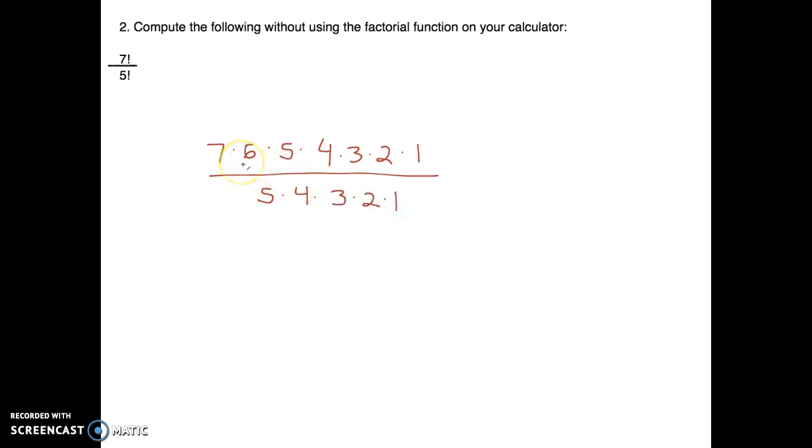You can multiply the top, and then multiply the bottom, or you can simplify as you go.